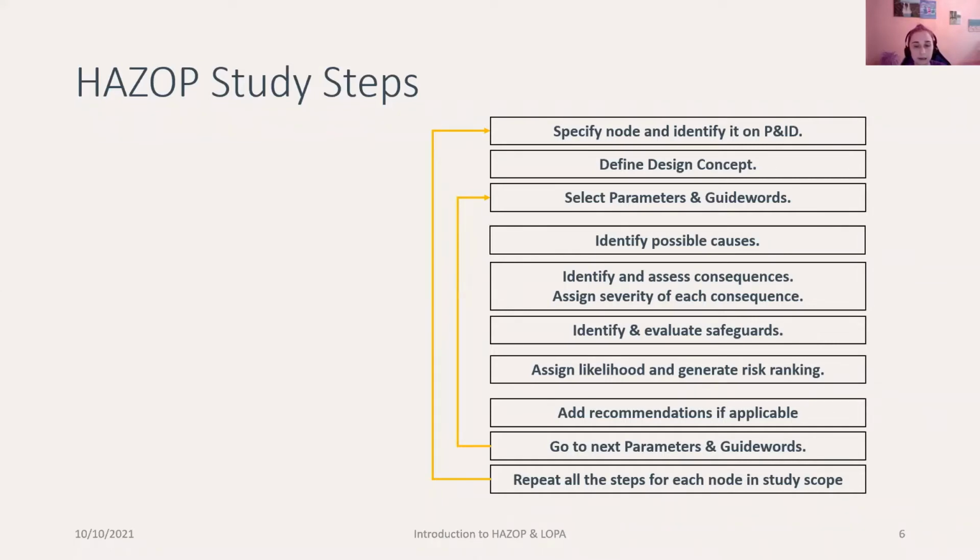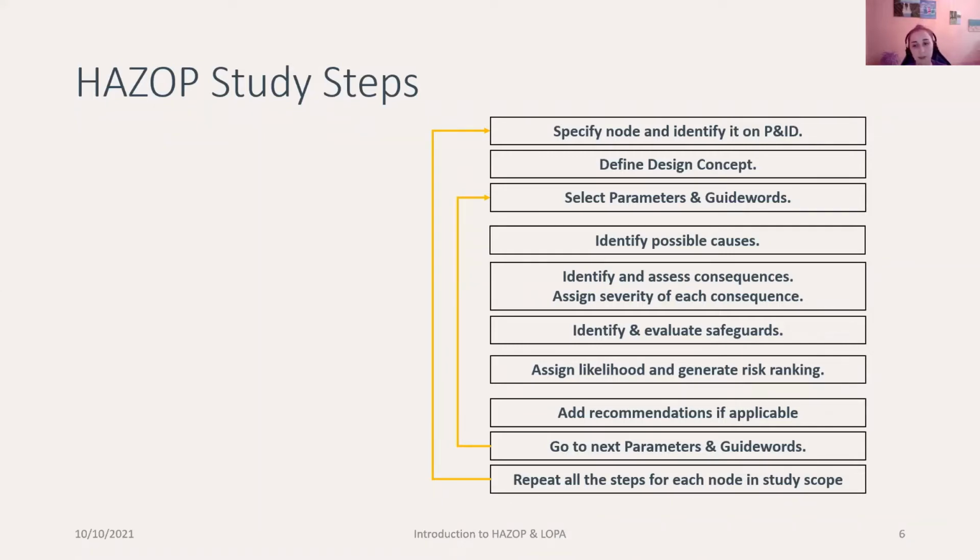Then you identify and assess consequences and assign severity for each of the consequences. Afterwards, you assess whether you have any safeguards, put them into the record, add likelihood to this specific consequence, and you're generating a risk rank. Afterwards, you are adding recommendations if needed.